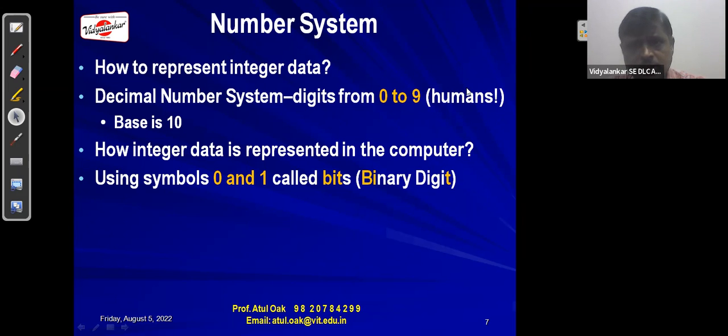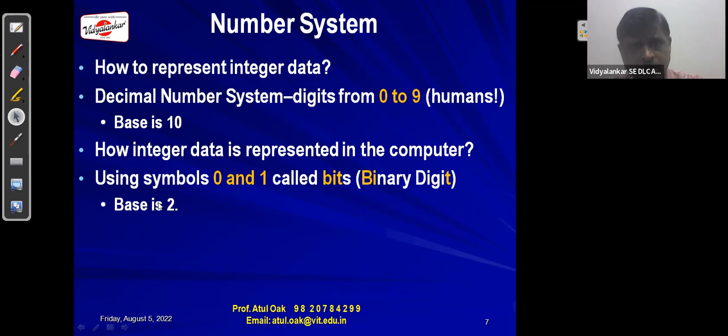Point 4. Humans use 10 symbols or digits, called the decimal number system, and computers use two symbols, called the binary number system, to present data.